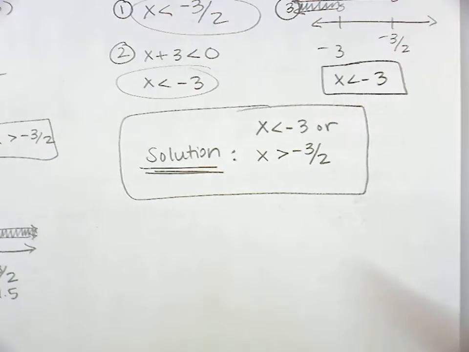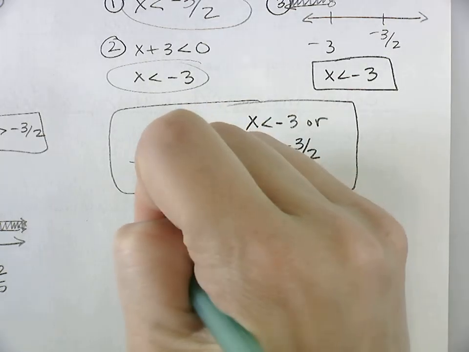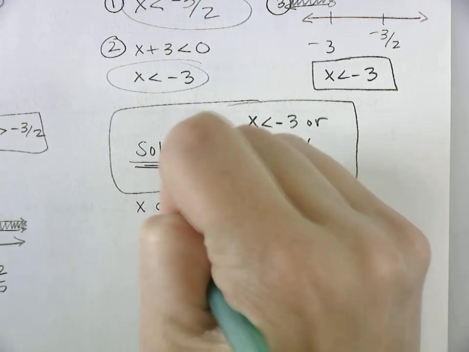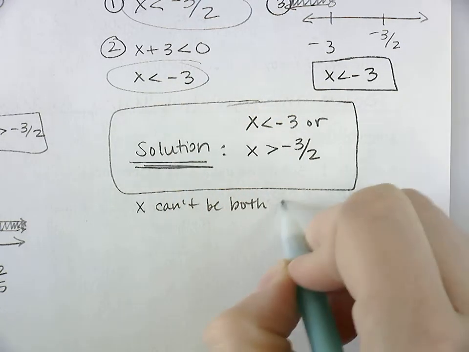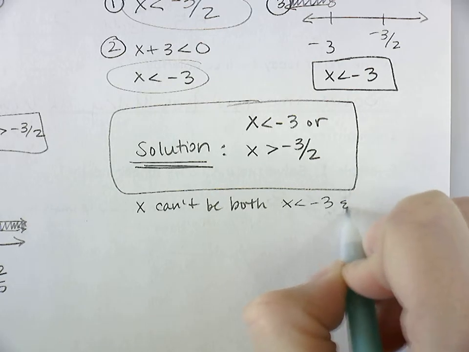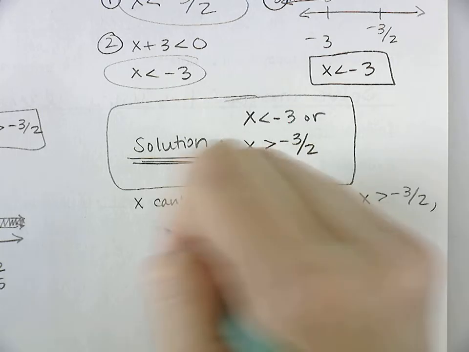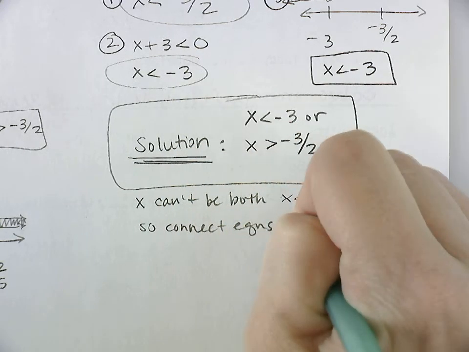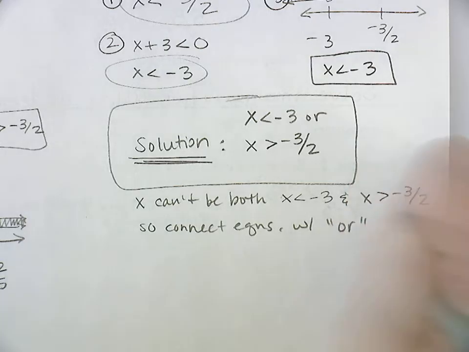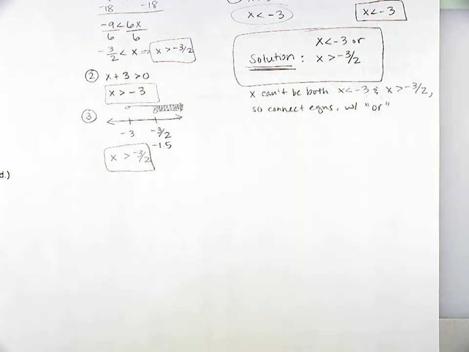I like to start with the one that's less than first. What you want to ask yourself again is if it can be both. x can't be both less than negative 3 and greater than negative 3 over 2, so you're going to connect your inequalities with or. Now that's not always going to happen, as we're going to see in our next example.